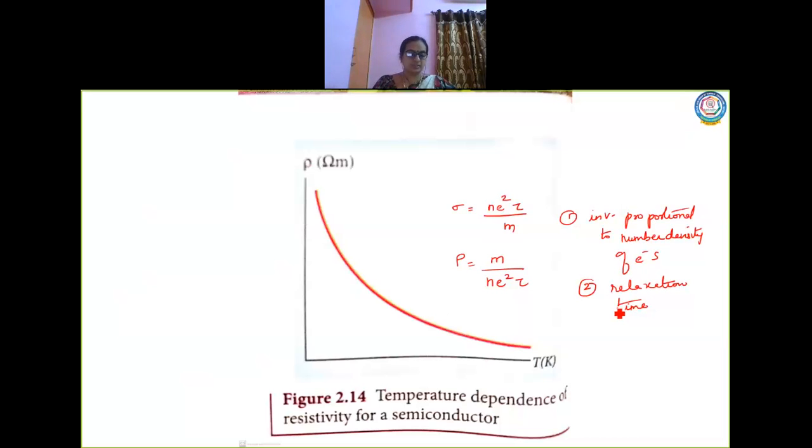Relaxation time is the average time between two successive collisions. So they are relating how the resistivity depends on the number density of the electrons present in the conductor, and also on the relaxation time of the successive collisions of the electrons.